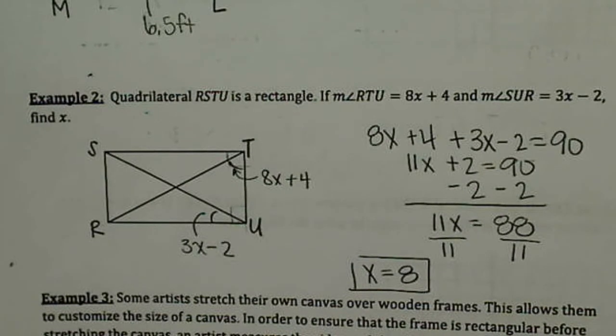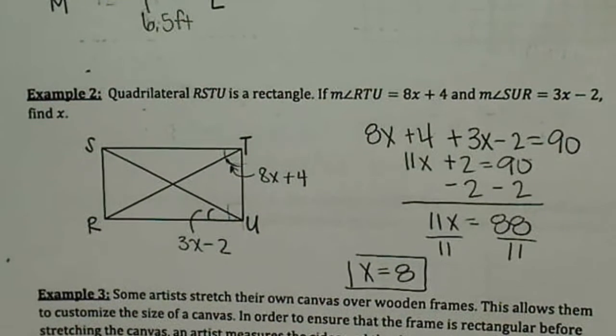Make sure when you're doing homework, classwork, a quiz, or a test that you look at the directions and make sure: do I solve for x or do I find the length or the measure of something? Because sometimes you need to know the measure of each angle, not just what x is. In this case, it tells you just to find x.